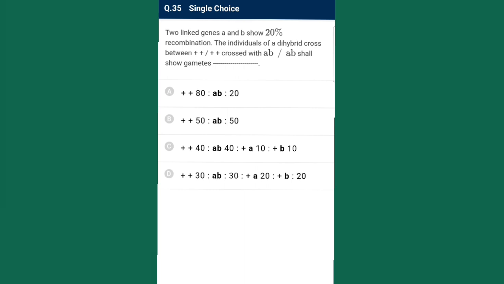The parental genotypes will be AB and ab, while the recombinant types will be Ab and aB. Since the percentage of recombination, the crossover frequency, is 20%, the recombinant phenotypes will be 10% each. So the answer for this question is option C.